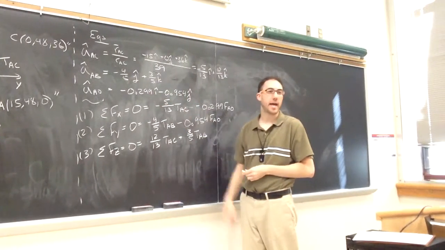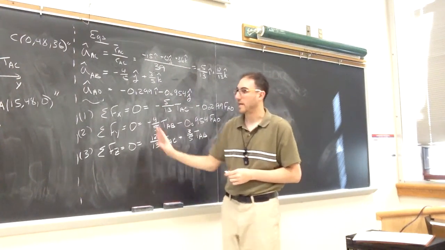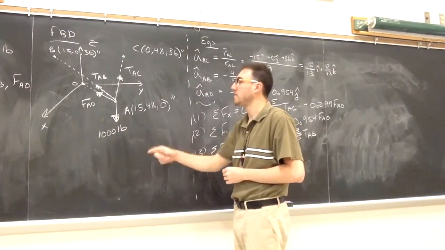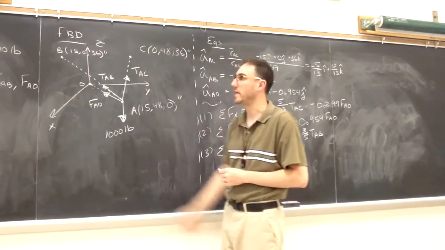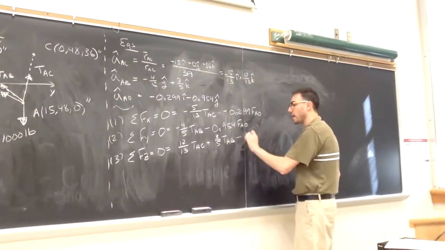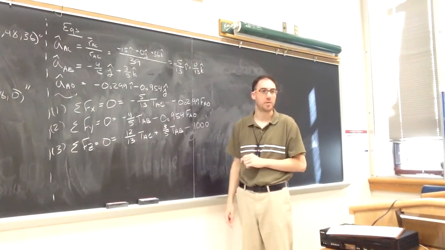AO does not have a k component, so it will not be in equation number 3. Again, I want to look back at my free body diagram each time. This 1,000 pounds is parallel to the z, and it's acting along the negative z direction. So in equation 3, this is where that weight force is going to be included, that negative 1,000.